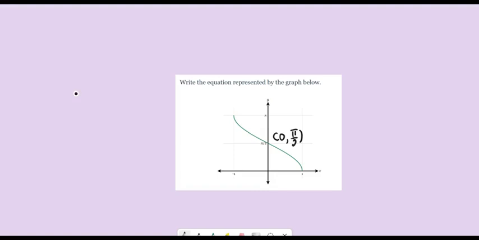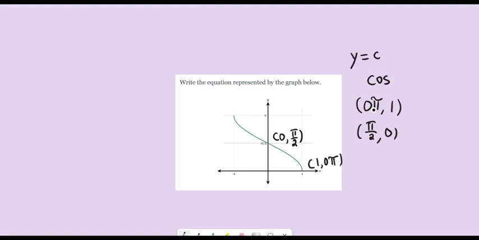And when x is 1, we have an output of 0 pi. So the original function at 0 pi would have an output of 1, and at pi over 2, or 90 degrees, we're going to have an output of 0. That's clearly cosine. So this is going to be arc cosine. We could say arc cosine, or we could just write cosine to the negative 1.